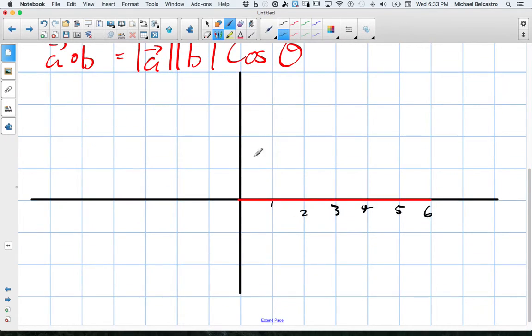So 1, 2. This is the vertical component of the vector. We go up 1, 2, and think of this kind of like a bingo sheet. We just go horizontal and vertical from there, and this is where the head of the vector is, and the tail of the vector happens at the origin.